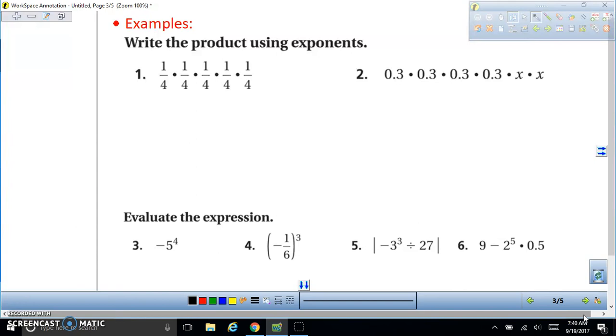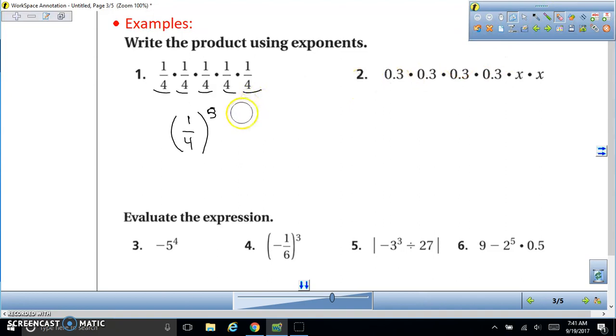All right, example 1. Write the product using exponents. So how many times was 1/4 multiplied is our first question, because 1/4 is our factor, so that's going to be our base. Our base is 1/4, and how many times is 1/4 going to be multiplied? 1, 2, 3, 4, 5. So in the parentheses, I'm going to have 1/4, because 1/4 each time is being multiplied, so to the 5th exponent.